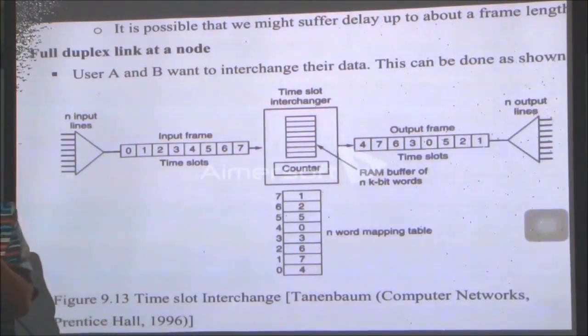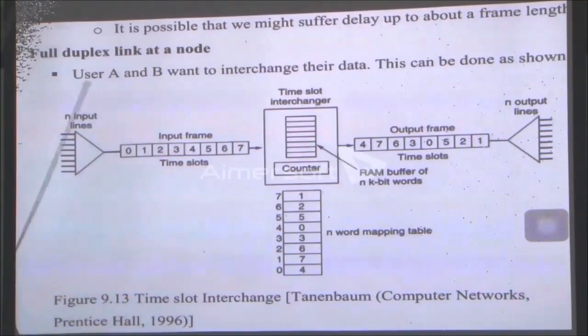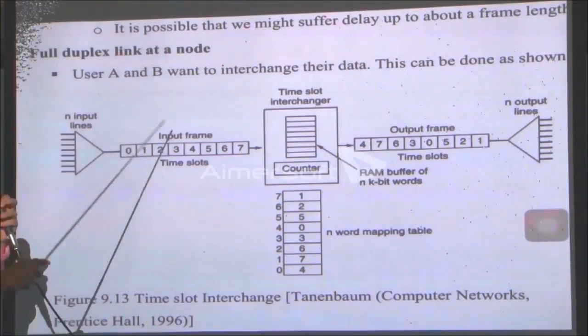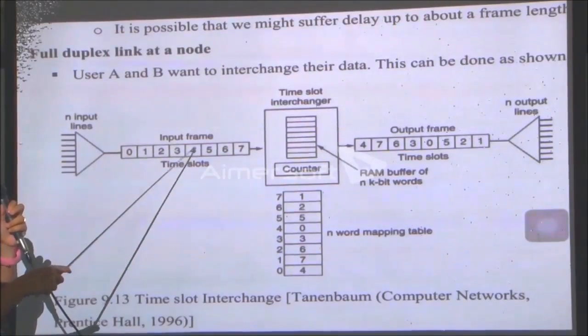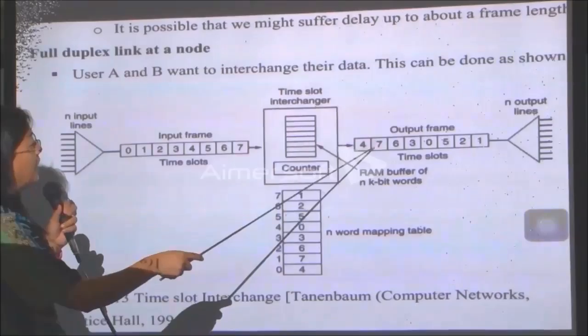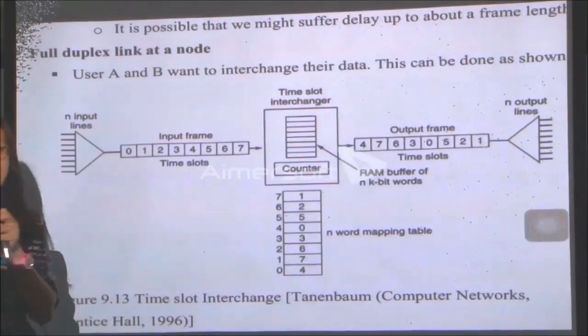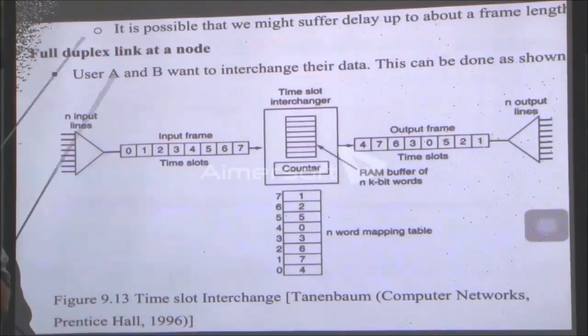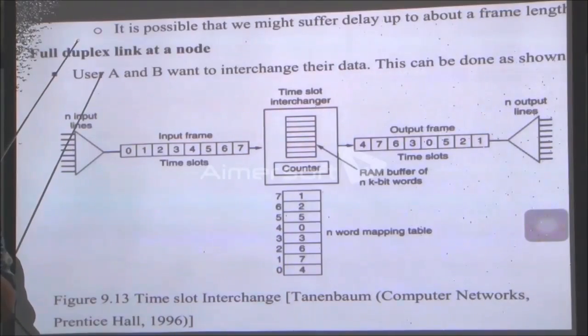And I can also ask you the time delay, right? Because if it's 4 to 5, that's only one slot delay. But if it's 4 to 2, then you have to count 1, 2, 3, 4, 5, 6, okay, 6 slot delay, something like that. Because you have to put it into the next frame.